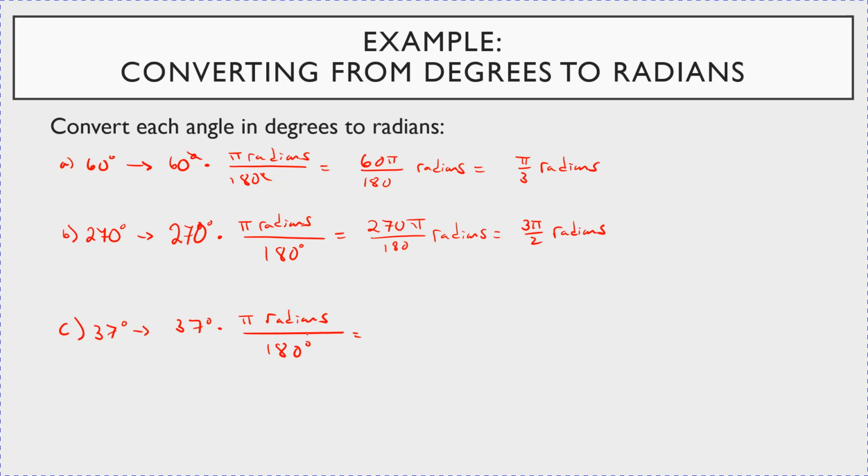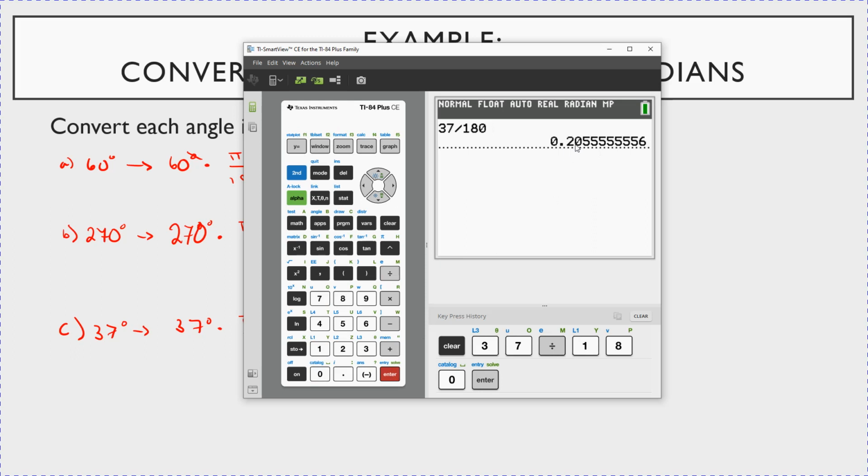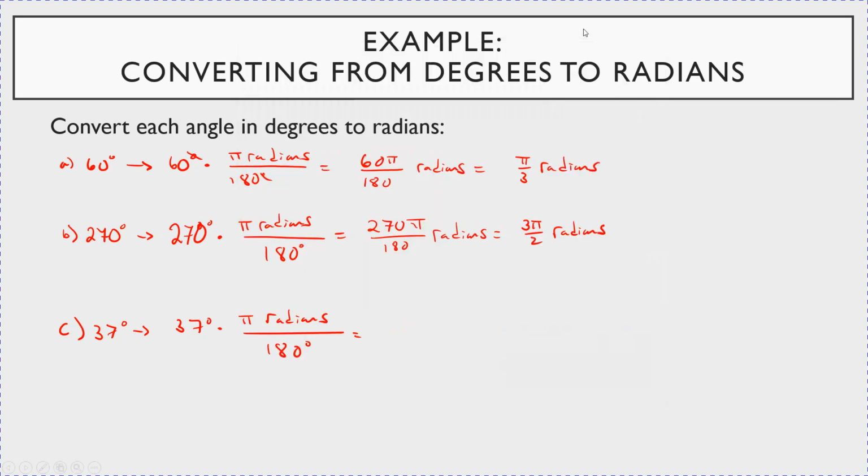So all you have to do then is take, well, what is 37 divided by 180? And look, I'll go out 3 decimal places. So this is 0.206 when I round it. And then don't forget you have pi radians. Okay, so this was rounded to 3 decimal places.